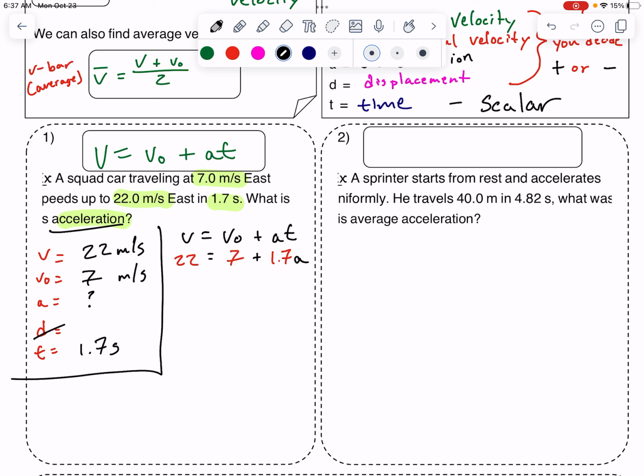All right, and then from here, we just do some basic algebra. I'm just going to subtract 7 from both sides. I end up with 15 equals 1.7 a, and then divide both sides by 1.7, and then a equals 8.8 meters per second squared.